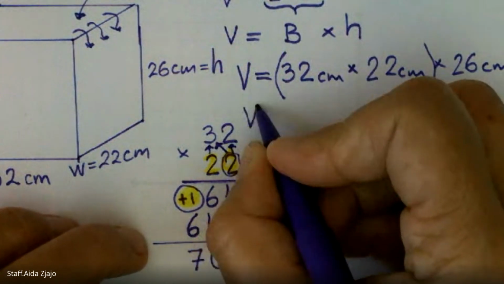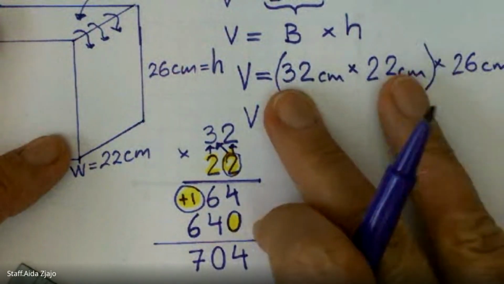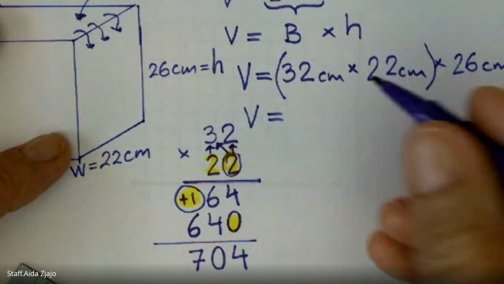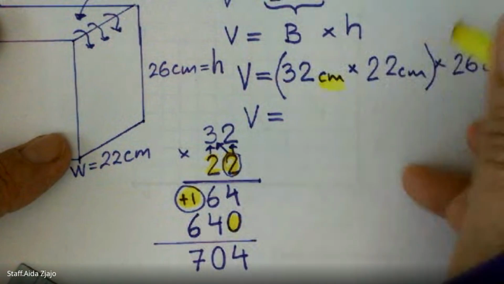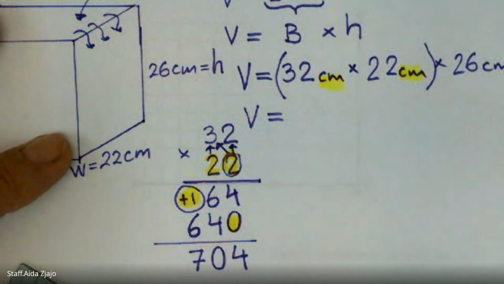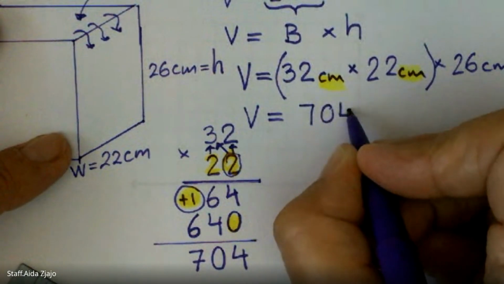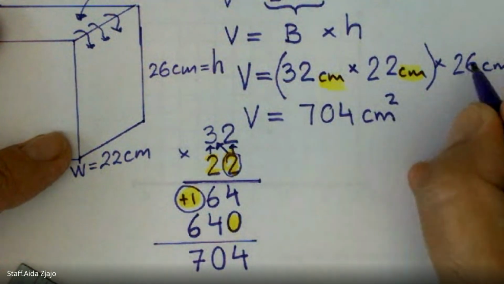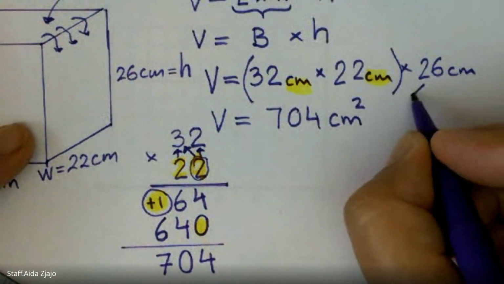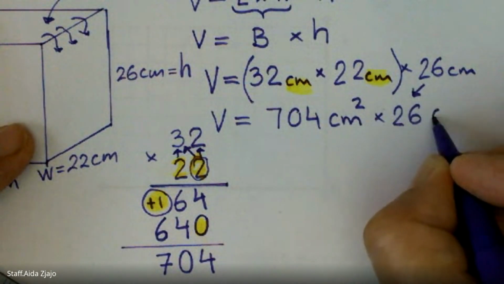It's really important that you understand that when you multiply 32 and 22, you also multiply centimeters by centimeters. So centimeter by centimeter is square centimeters. Now I have 704 square centimeters, and I need to multiply again times 26 centimeters.